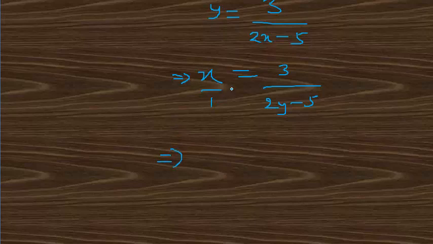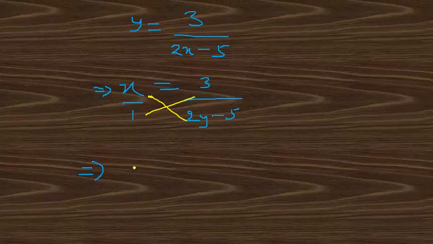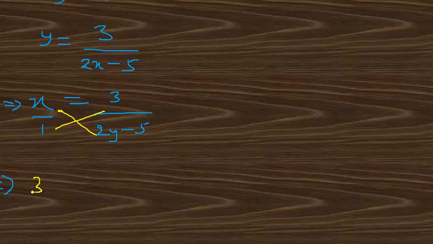Then we can do cross multiplication. So 1 times 3 is 3, then x times 2y minus 5.